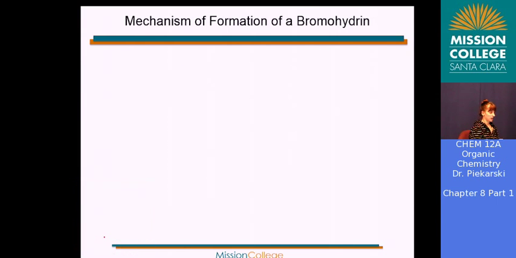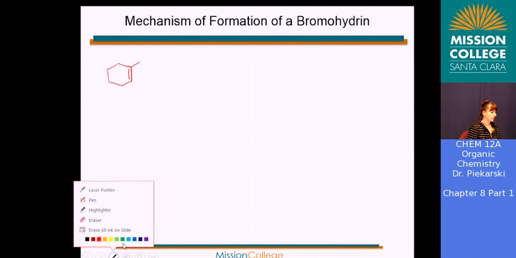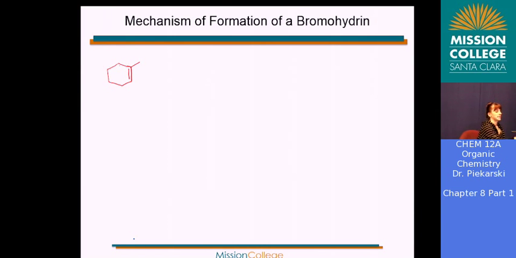So starting off with methylcyclohexene. The first step of this mechanism is the same as the one that you saw before, where the bromine is attacked by the double bond.